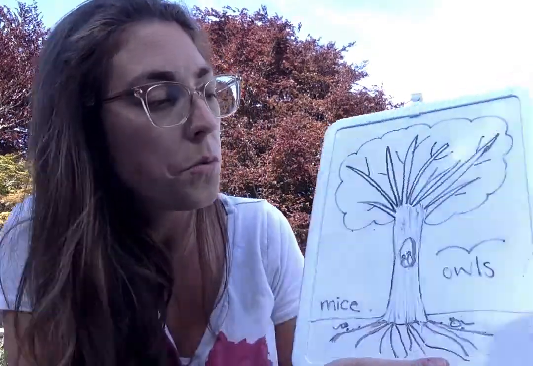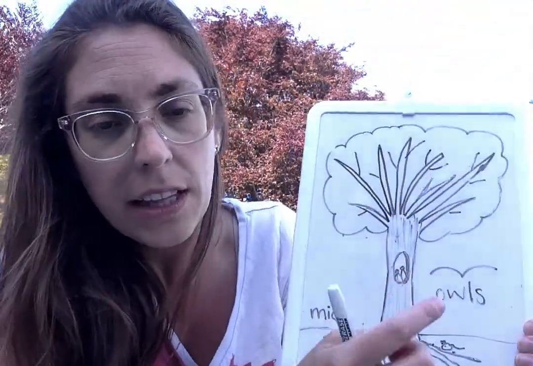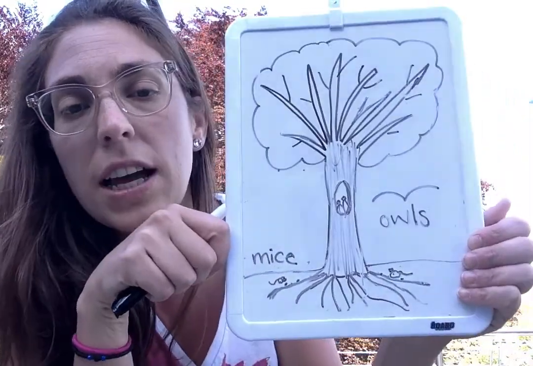So, there's the grown-up owls that fly, and then there's the little babies. So I'll draw the little babies inside the hole. Okay, and then I'll draw the flying one. Sometimes you can draw a bird like this quickly. I didn't want to take too much of your time.